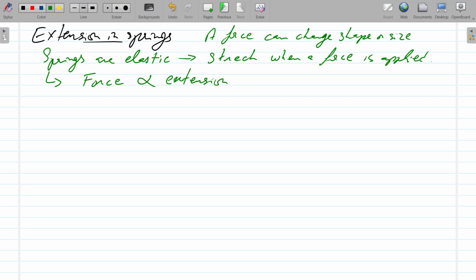It doesn't work in the way that you keep on applying force and it will just keep on stretching. The thing about elastic materials is that when you remove the force, they go back to their original length. So the extension is removed.